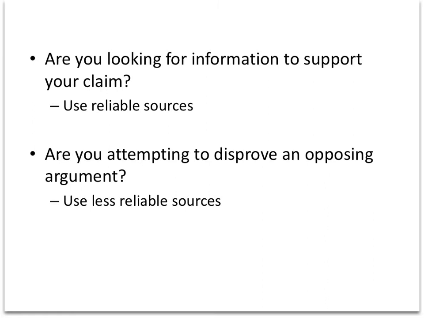However, if we're trying to disprove or rebut an opposing argument, less reliable sources are actually a pretty fun thing to use. If we can call attention to the erroneous information used by the counter argument, then we've done something good for ourselves. So keep those things in mind. If you want information to support your own argument, use reliable sources. If you're trying to disprove an argument, use unreliable sources.